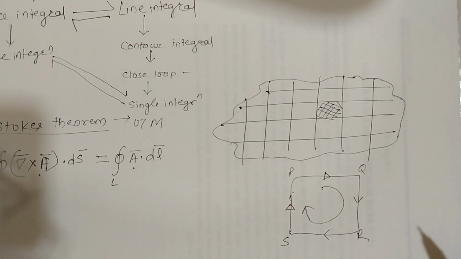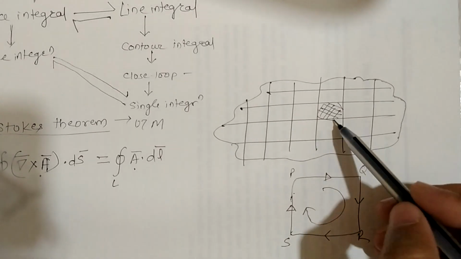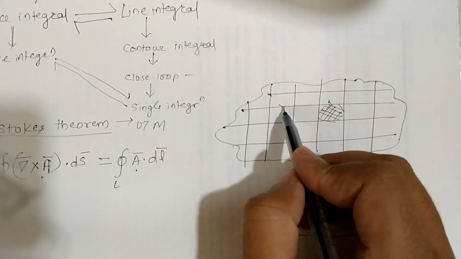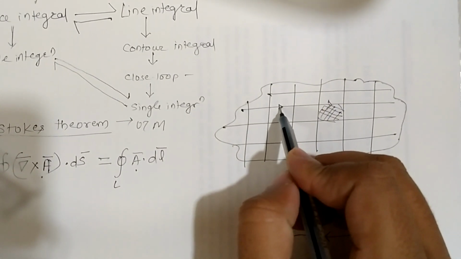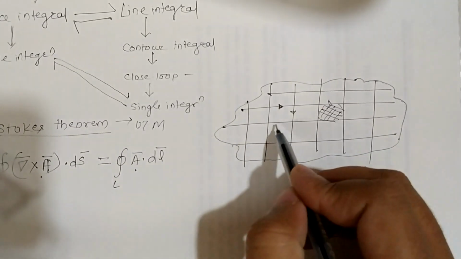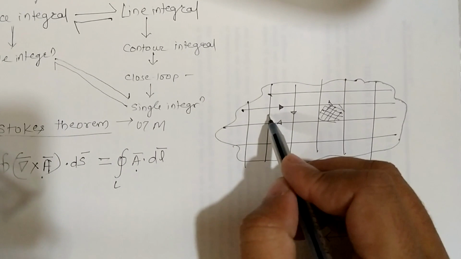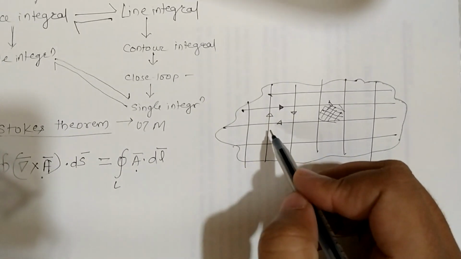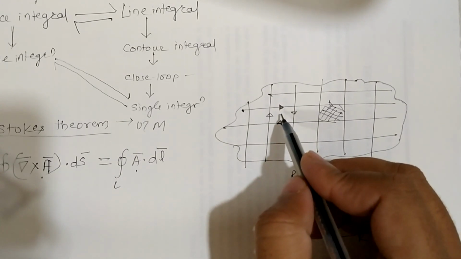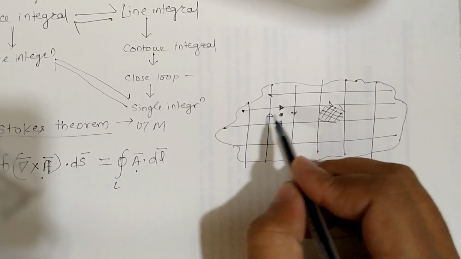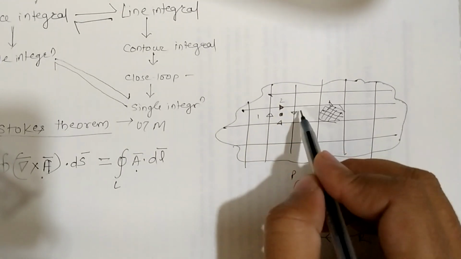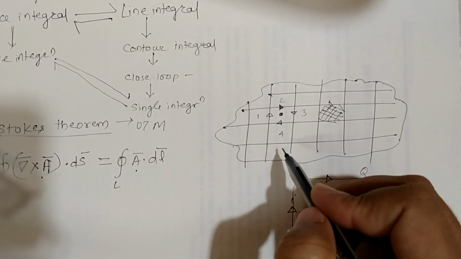Now I will consider over here so that you can understand it very well. This is my first arrow, this is my second arrow, this will be your third arrow, and last will be your fourth arrow. Now see students, for this rectangle there would be another four rectangles, like 1, then 2, then 3, and then 4.